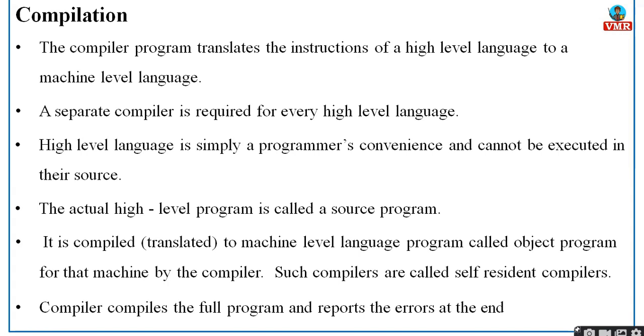If I keep some mediator, some communication system between you and me, then that middle person will convert how are you into the other language, ela unnaru, right? In a similar fashion, here the compiler will translate the high level language to the low level language. Whatever you tell is your high level language, and whatever I listen to from you is my low level language. You can consider this as an example.